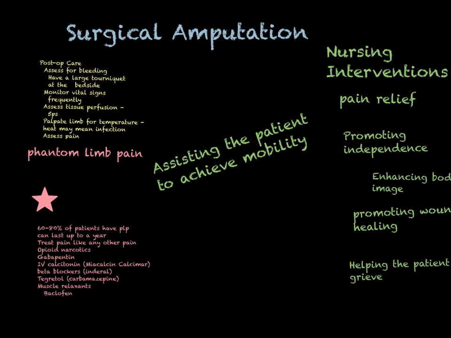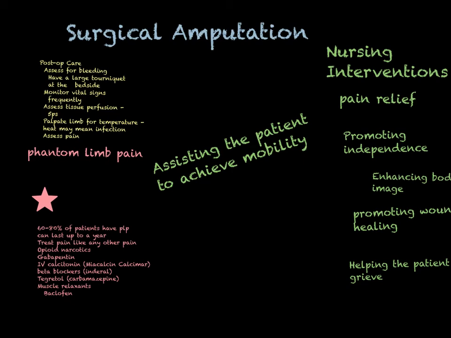Now, the prosthesis itself takes a little while to learn how to maneuver it. There can be some skin breakdown. That's why we always encourage people to wear the liners and the socks, the stump socks. They may need it refitted and readjusted, and they need a lot of physical therapy to help them maneuver it.